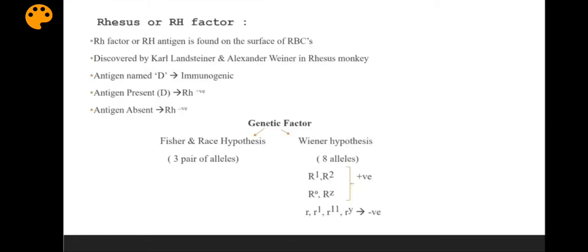Here, capital letters represent dominant alleles, and small r represents recessive alleles. So the dominant allele is always RH positive, and the recessive allele, small r, represents the RH negative factor.